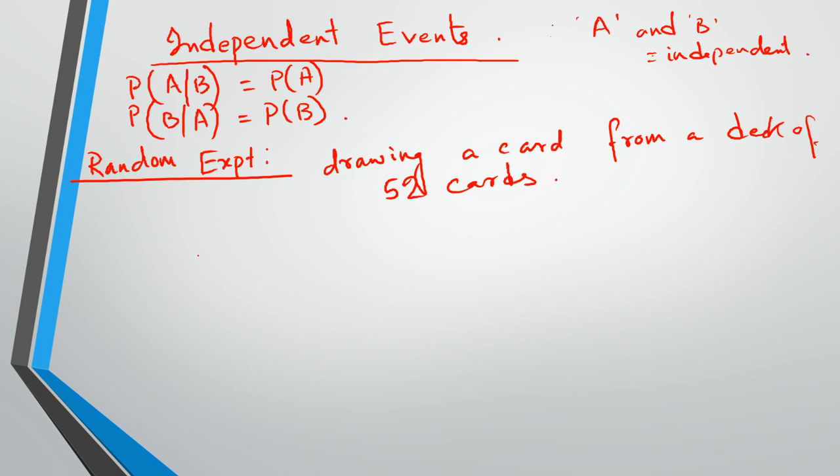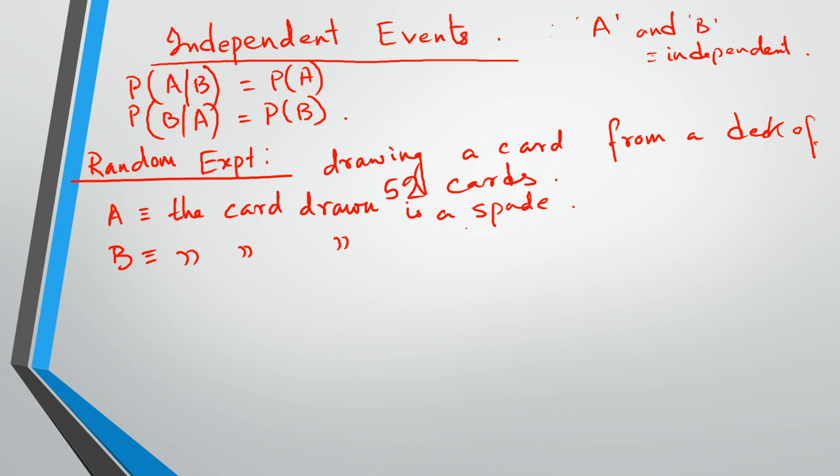Okay, so this is a random experiment. And one event among this random experiment, let's say event A: the card drawn is a spade. And let's say there is another event B: the card drawn is an ace.